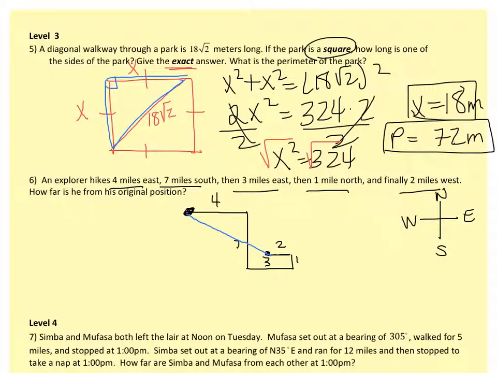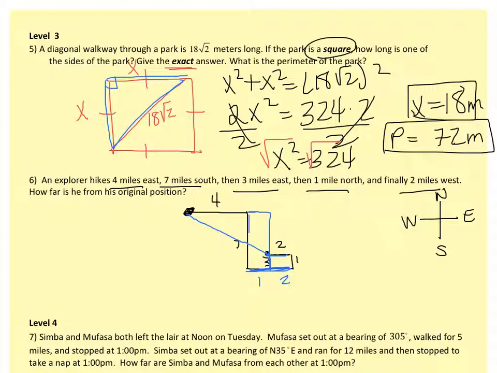Well, what I'm going to do is make a right triangle and extend that first 4 mile line. I'm going to see if I can figure out the lengths of the sides that I just made. Because of that 2 mile west line that I drew, this bottom line here is 3, so that means this is 2 and that's 1.